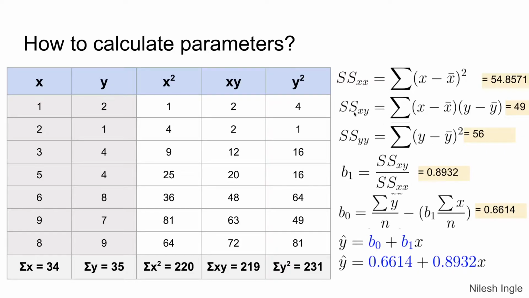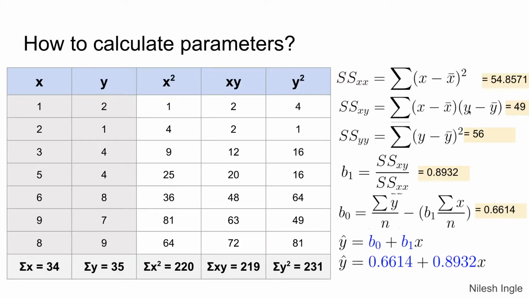And similarly, we calculate the sum of squares xy as shown here. So we subtract each value of x by its mean, multiplied by the value from column y, where we subtract each value from its mean.